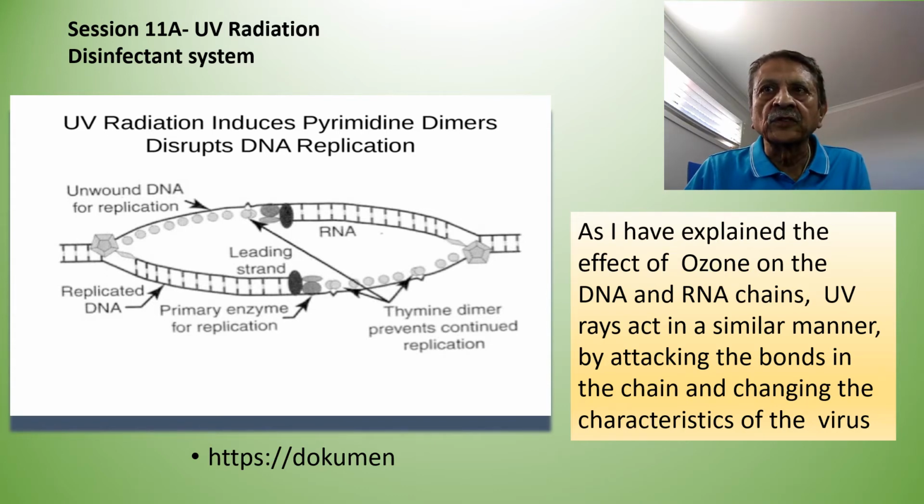The effect of ozone on the DNA and RNA chains are also very similar to this. They attack the bonds of the chain and break them down. This is typical when ozone or UV is impinged on to the DNA or RNA.